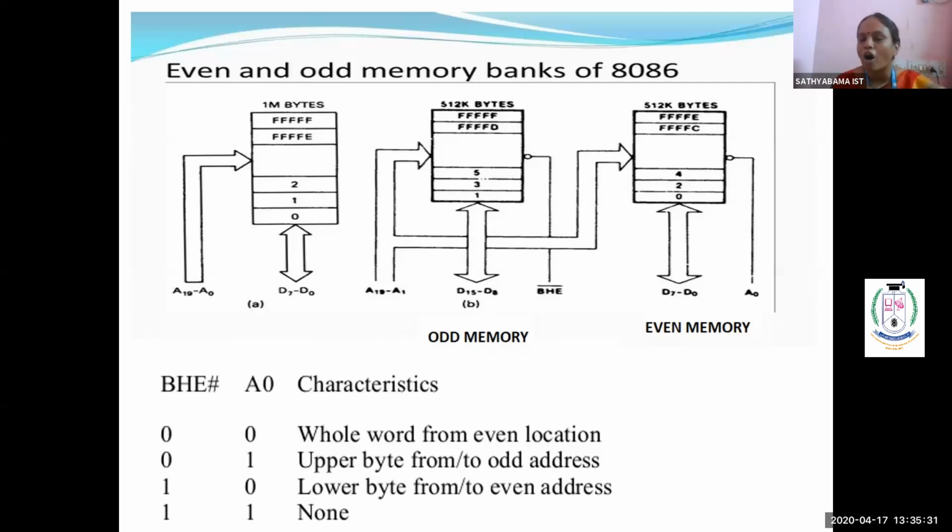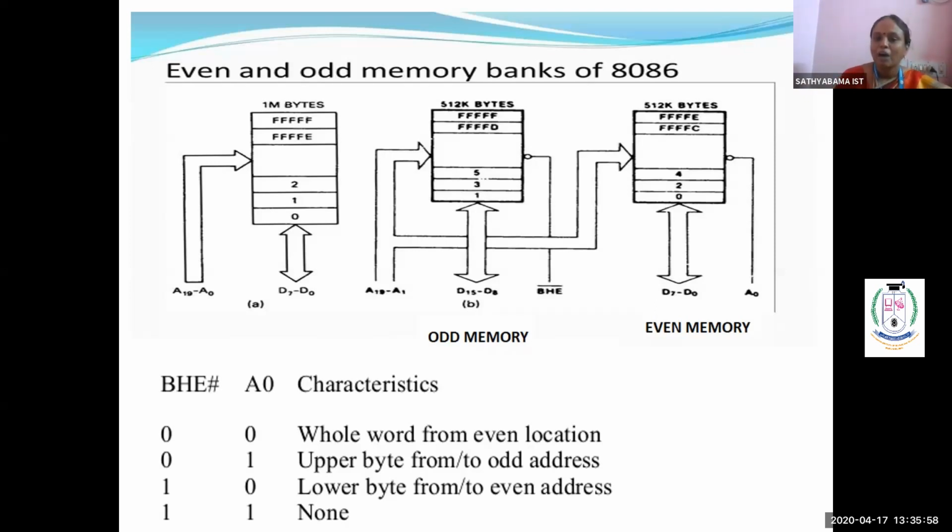Each memory bank stores only 8-bit data, but the data length of 8086 is 16 bits. So D0 to D7, the lower order byte, is stored in even memory, and D8 to D15, the higher order byte, is stored in odd memory. Here, 1 MB means 512 KB is allocated for the odd memory and 512 KB for the even memory.